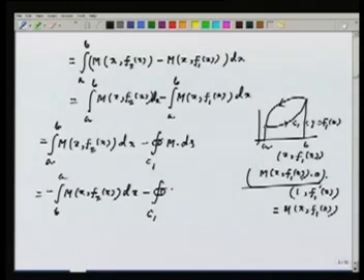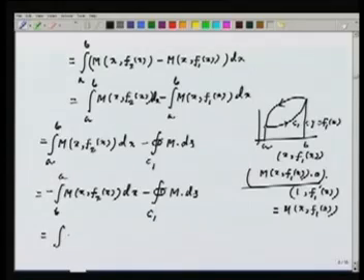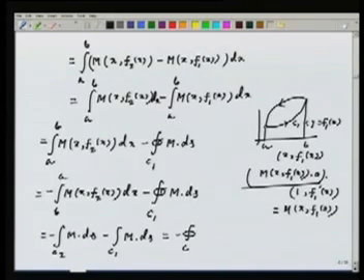I already got what I want, m dot ds. Then in an analogous fashion, if I apply the construction of line integral, this is nothing but the integral over C2 of m dot ds. So the end result is minus the integral over C in this direction of m dot ds.